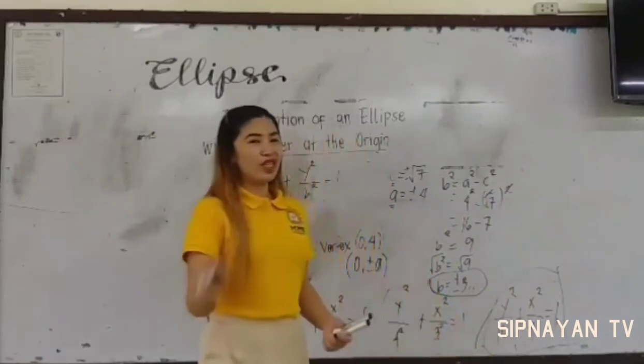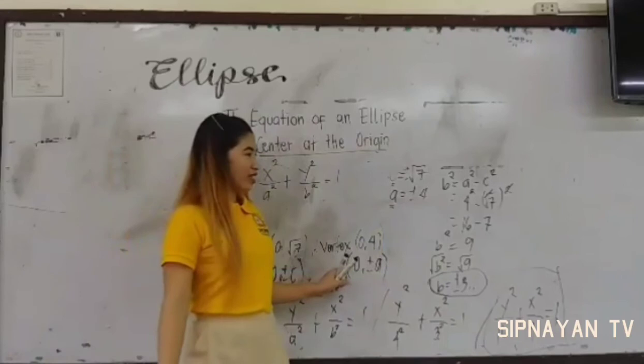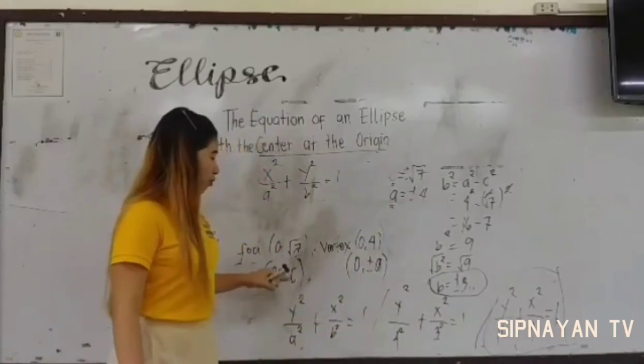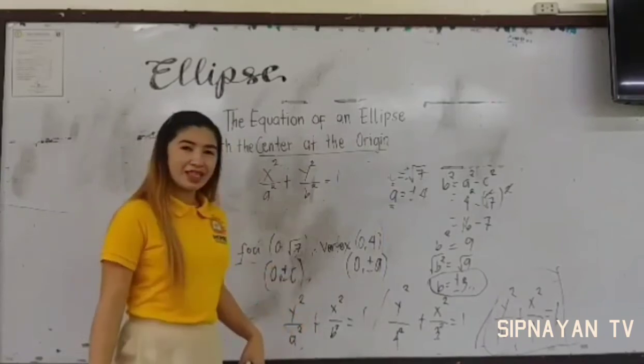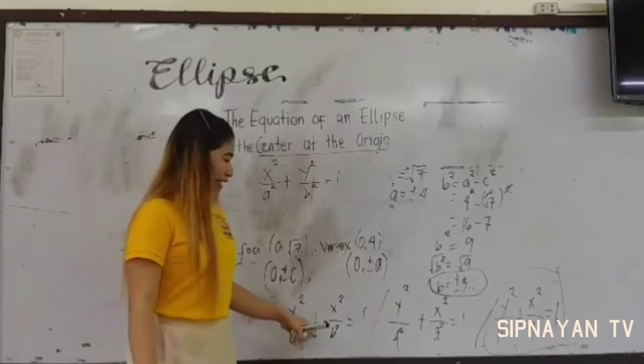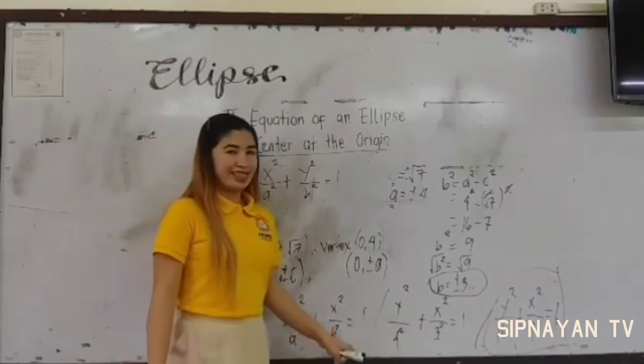So, from the given foci and vertex, we find that these 2 points is parallel to y-axis, therefore we will use y squared divided by a squared plus x squared divided by b squared is equal to 1.